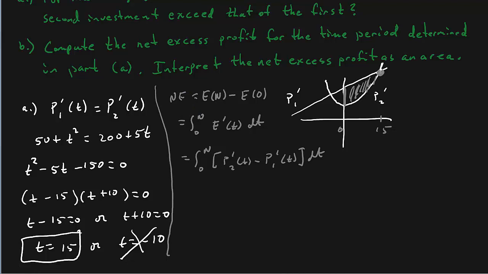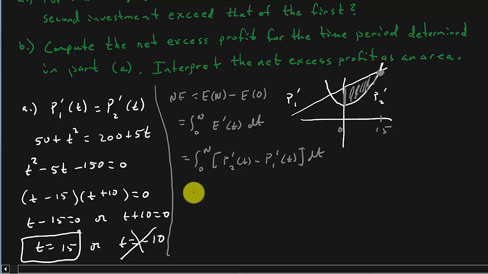So let's go ahead and work this. The net excess profit is equal to E of 15 minus E of 0. We got the 15 from part A. That is equal to the integral from 0 to 15 of E prime t dt.